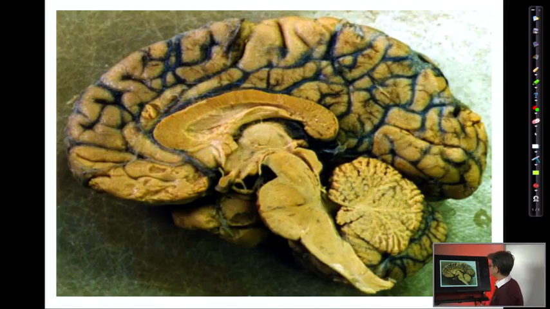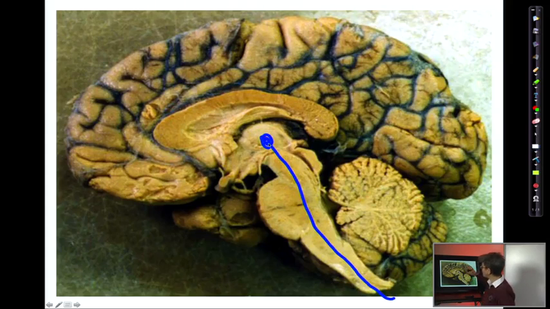Finally, just to show you what this looks like, all of these pathways are coming up through the brainstem. They're taking a stop in the thalamus, and then the sensory ones are going to the somatosensory cortex, which is up here.